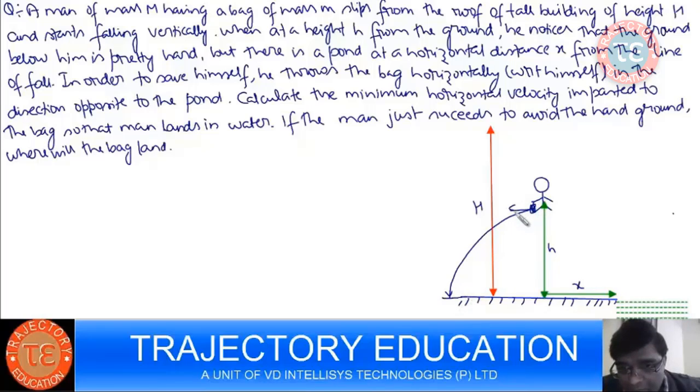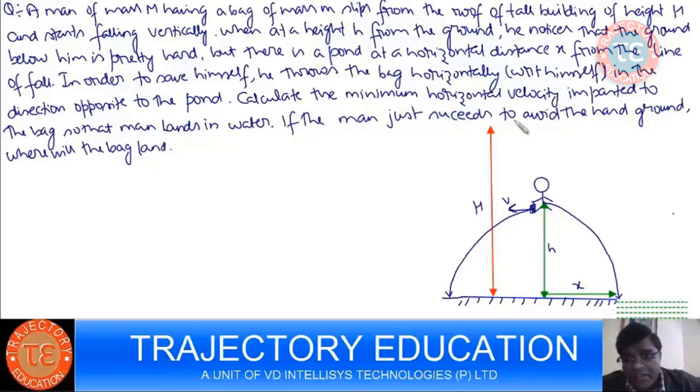He throws the bag horizontally. He imparts a horizontal velocity to the bag, so the bag will undergo projectile motion. Find the minimum horizontal velocity v imparted to the bag so that the man lands in water.